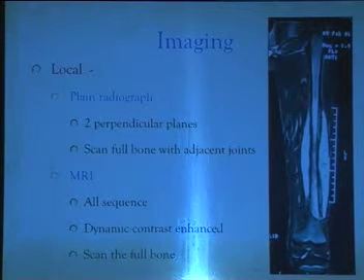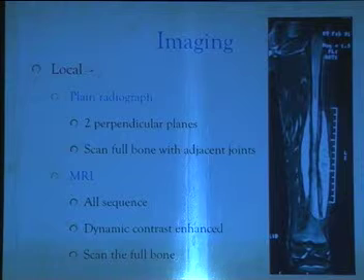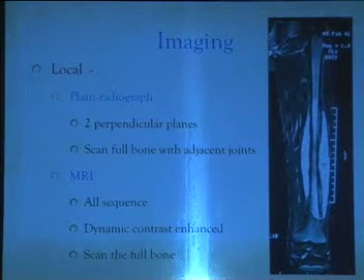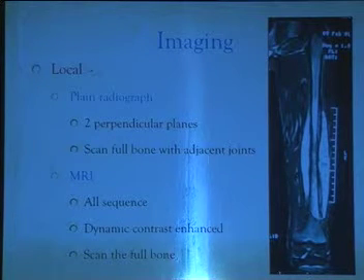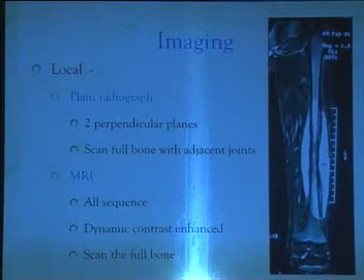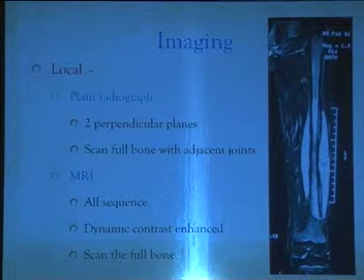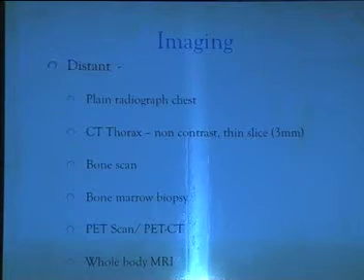Further on local staging, you definitely require an MRI, which should also scan your full bone. It should have all the sequences as Dr. Daftari mentioned, and then it should be added with dynamic contrast in today's era to give you more and more information.